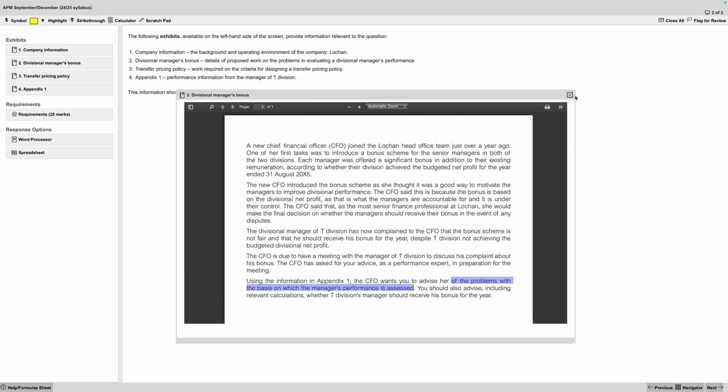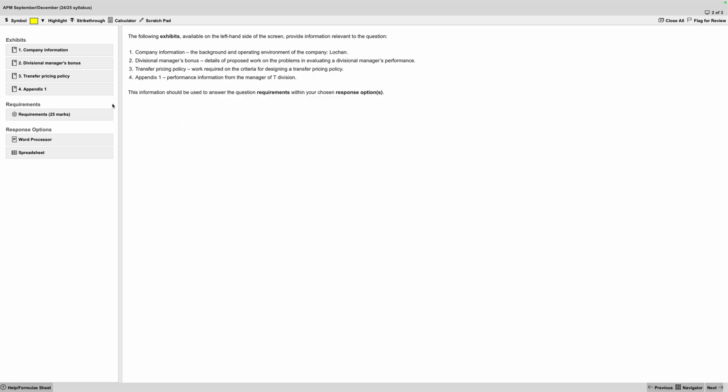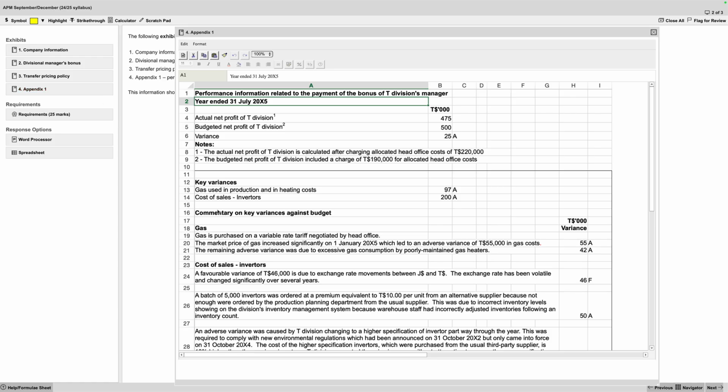Okay, so we need to go to Appendix 1 to see the basics. Here we go then. And we can see that it's based on net profit. The actual net profit was 475. Budgeted net profit was 500. And so therefore they didn't get a bonus. Okay. So let's have a look at the first bit of information.